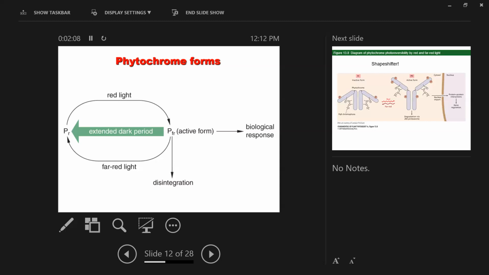So that would have been a false statement. They don't know they're in light. It's just the opposite. They're like, oh, I'm being shaded if they have a lot of Pr. So you have to really think through what's allowing for Pr to be high levels of that versus Pfr.